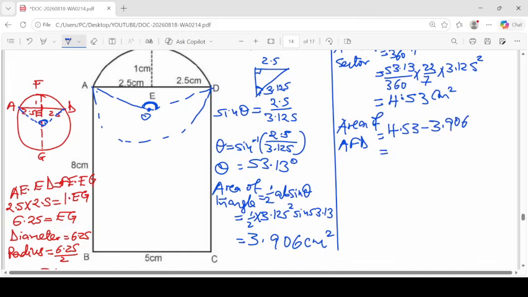When you subtract the two, 4.53 minus 3.906, this gives you 0.624 square centimeters as the area of that segment.